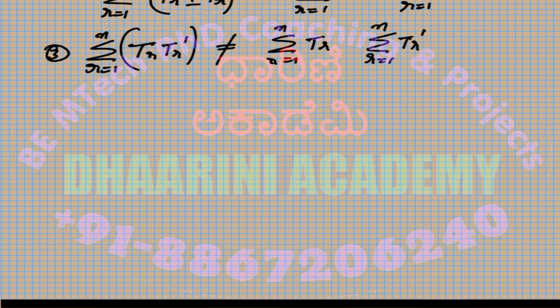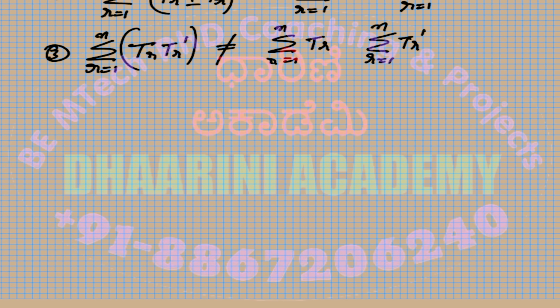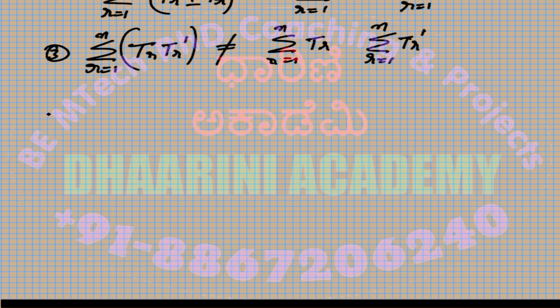You cannot distribute the summation or the sigma operator whenever you have multiplication in place. Then again, this is not distributive in division as well.